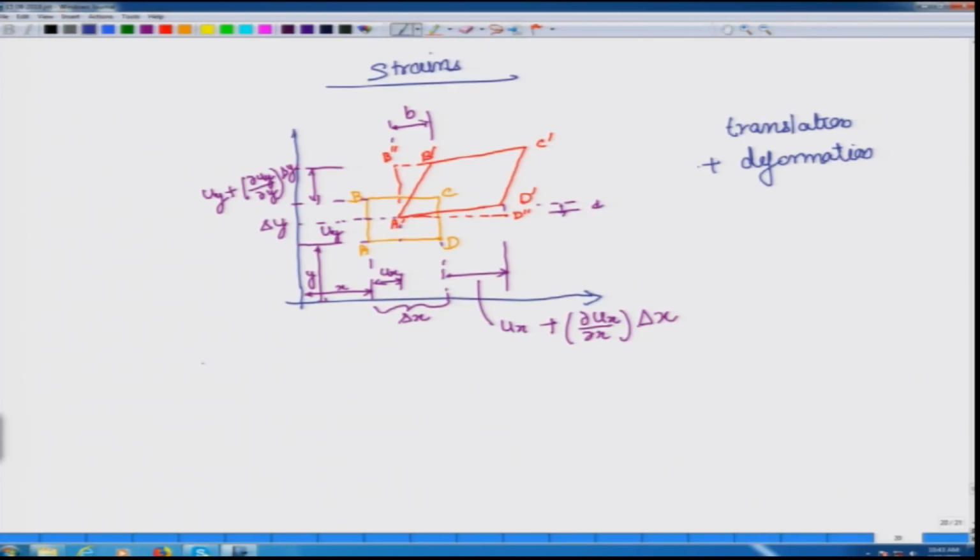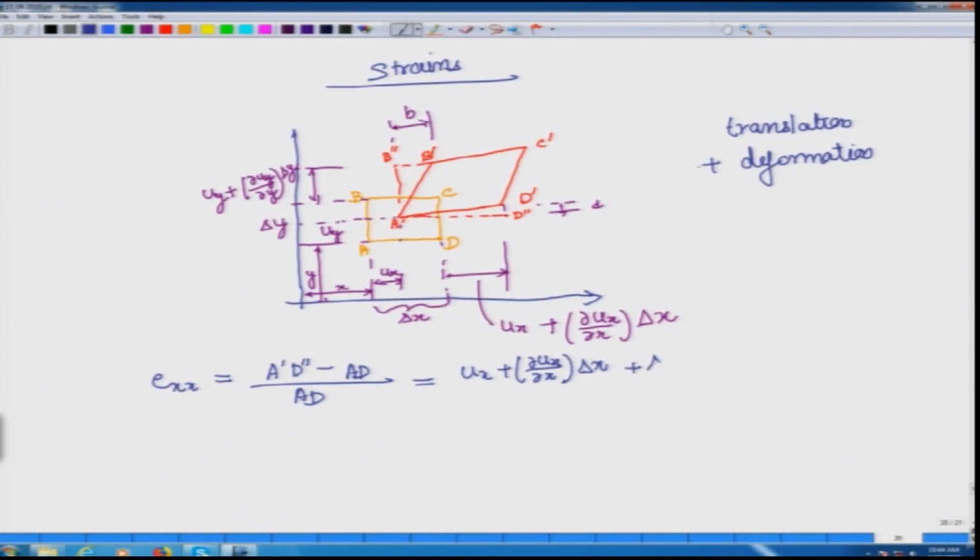So, coming back to how would you define Exx, or linear strain along x, it will be simply A prime D double prime minus AD, divided by AD. Now, going over here you would realize what A prime D double prime is: this length plus this length. So, first let us write this part, which is ux plus del ux by del x delta x, plus we need to add this particular part, which is nothing but delta x minus ux.